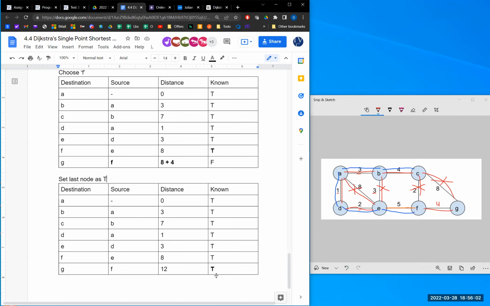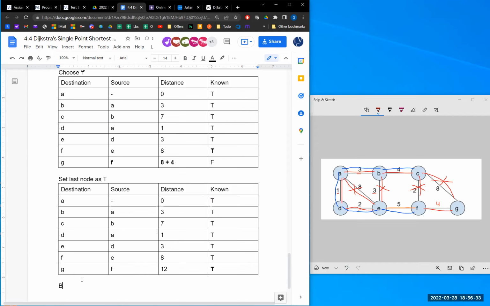Right, so this is the final state of the table. All the paths are known. We know how much it costs to get to G. It costs us 12. How much does it cost to get to C? It costs us 7. We know the cost to get to anywhere, and we know how to get there. So if I want to know how to get to G, look at the source vertex, go back to that entry, F, source vertex E, E is D, D is A. All right, so that's the full path to get there.